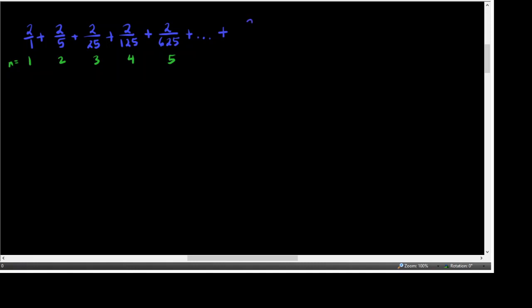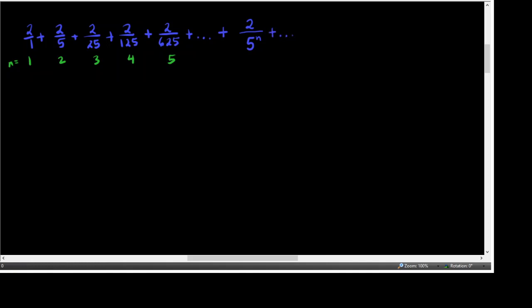It's a constant, so it will be 2. And I see that this could be seen as powers of 5, except for that first one. It kind of bothers me. Well, I'm going to write powers of 5, and then I can adjust it in a second if I need to. So that's the nth term, I think.